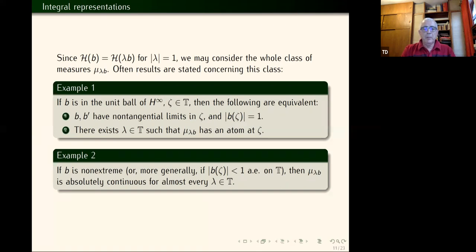Another example, if B is non-extreme, or even if modulus of B of zeta is smaller than 1 almost everywhere, then we cannot say, if we take just mu_1, that mu_1 is absolutely continuous. But we can show, if we look at the whole class of measures, that most of them, in the sense of almost all of them, are absolutely continuous.